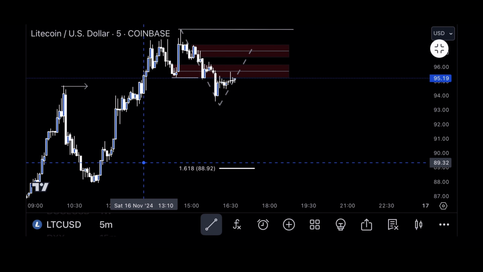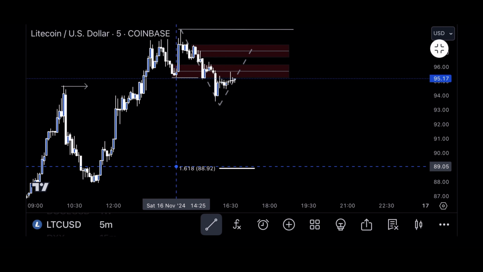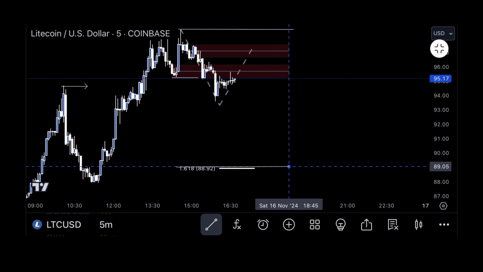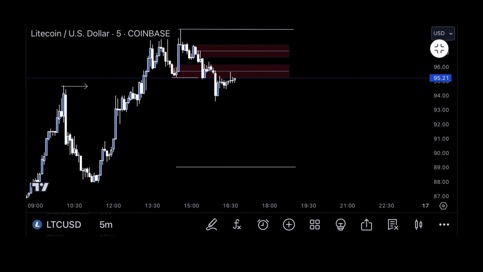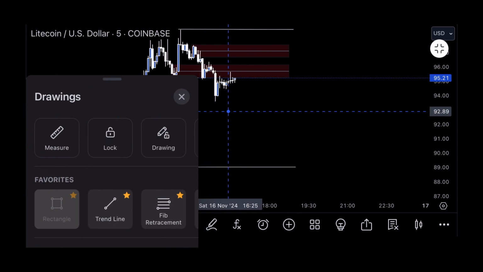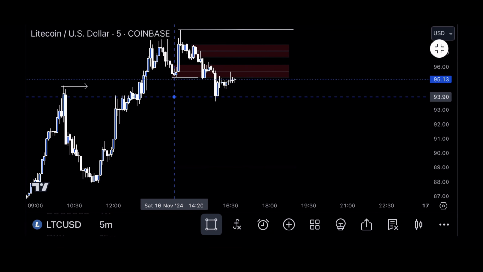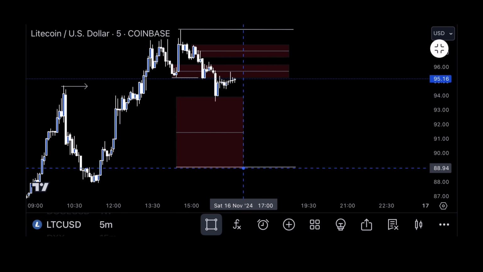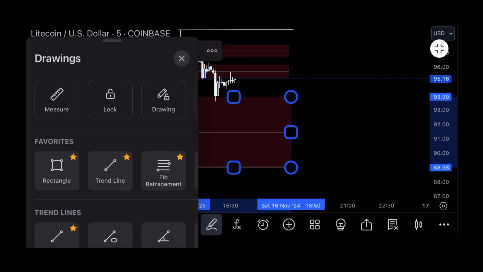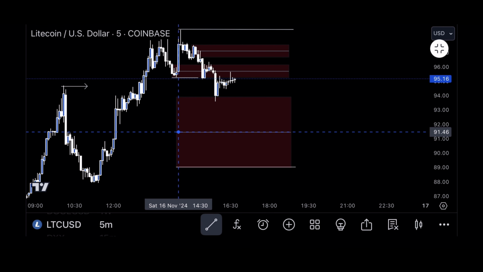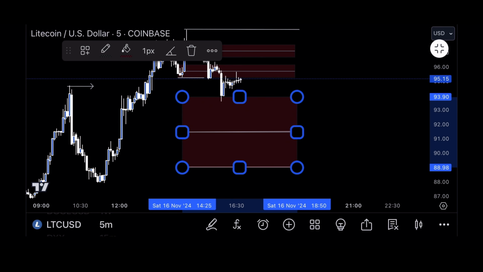For my take profit area, I use fib extension. I'm sorry I didn't show you guys, this is a live chart, so I was in a hurry so I could place my trade. Check my previous videos to learn how I take my profit. After drawing it, I'm at my 68 area from where the market pulled back.